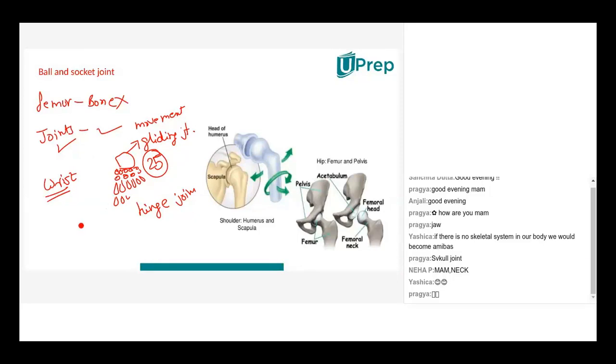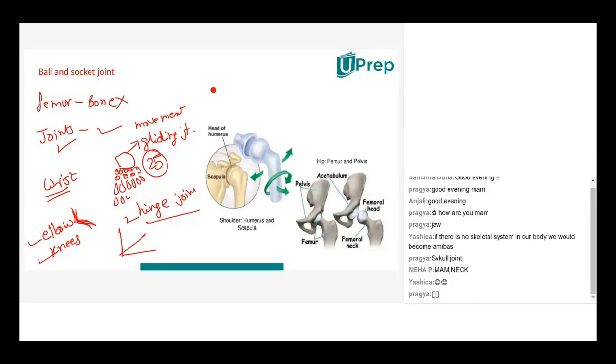Right? Whenever you say hinge joints, always remember the example of a door. Which are the places which can give such movement? It could be the elbow, it could be the knees, which will just give you up, down, up, down, that's it. So elbows and knees are classic examples of hinge joints, right?